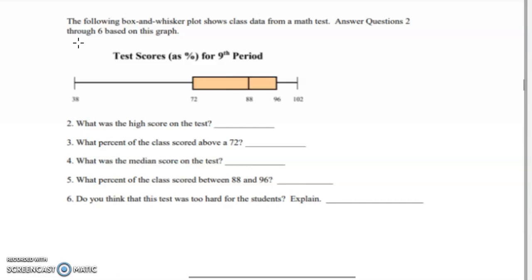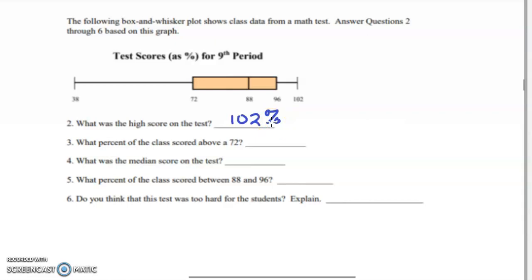Okay, well, what was the high score on this test? Well, we're looking at our data. We want the maximum. Okay, so the highest score on this test was 102. And notice these are percents. So there must have been some bonus points on this test, so somebody scored 102%.